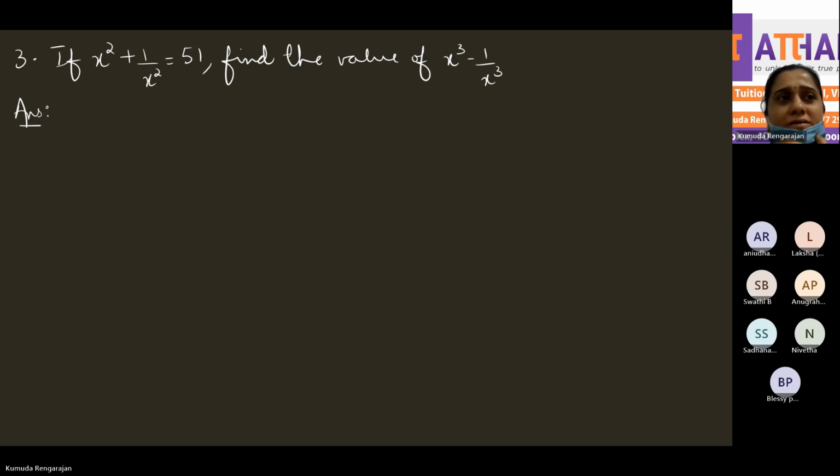What is it? X minus 1 by x the whole cubed. That is, you need the value of x minus 1 by x, is it? X minus 1 by x or x plus 1 by x?